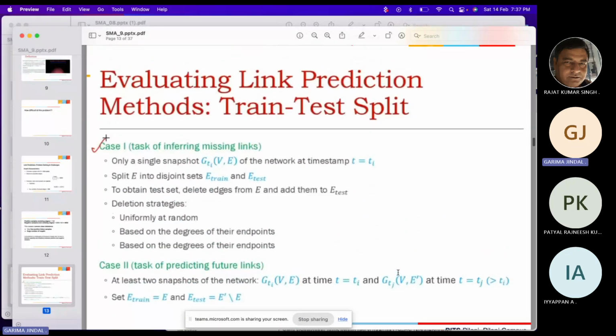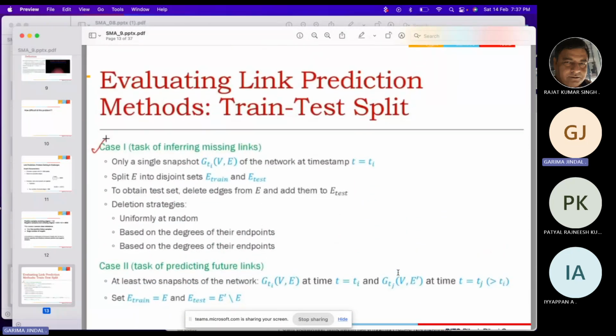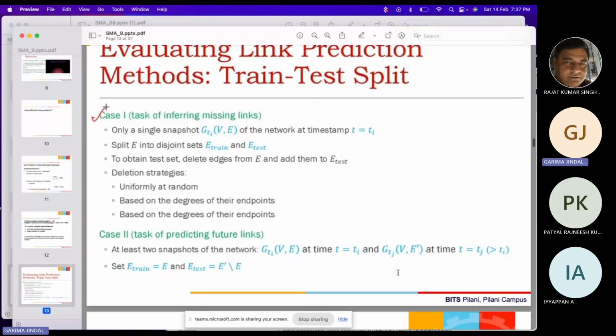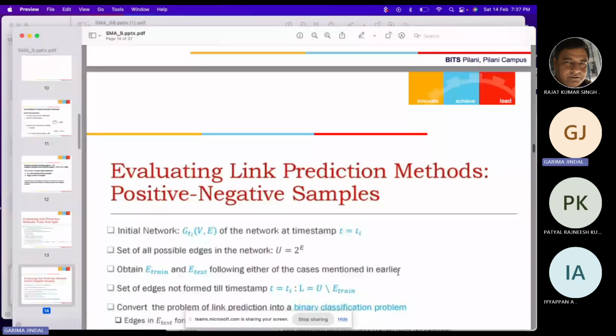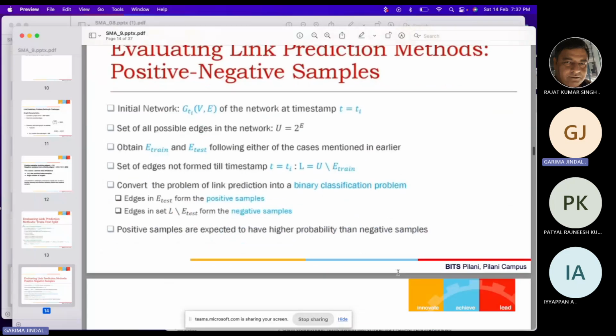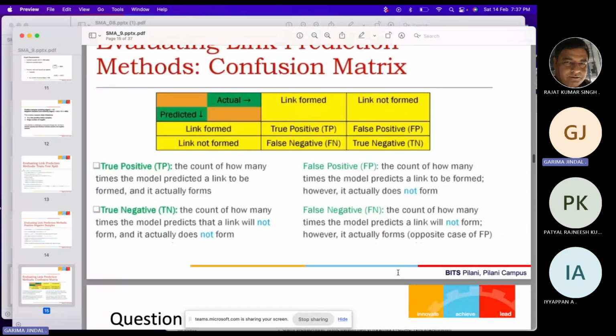Then we have seen how to evaluate such an imbalanced classification problem. This can be thought of as a classification problem in which, for each particular edge, we try to predict whether it is an edge or not. Whatever classification method we are using, we need an appropriate method for evaluating it.